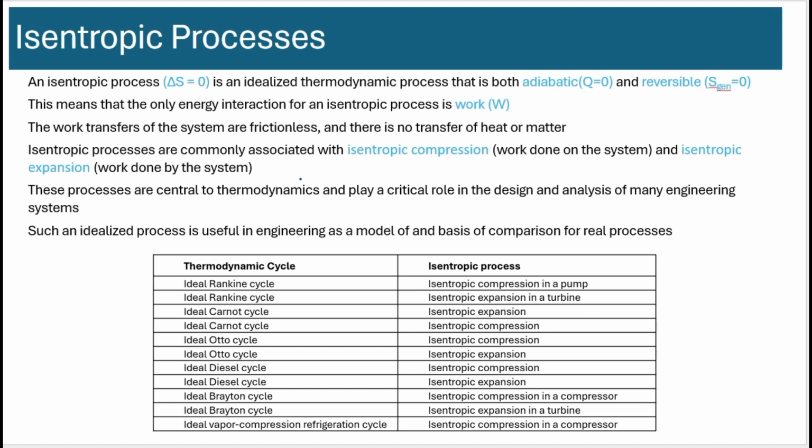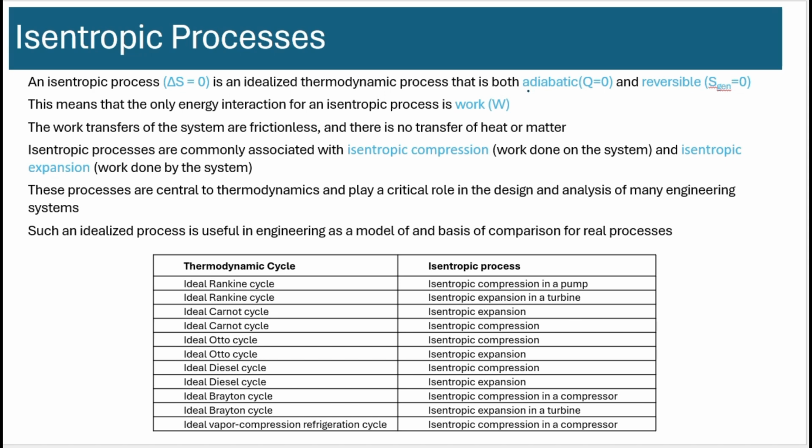Basically, there is no change in entropy, right? Entropy by definition means change in heat over a particular temperature in a process that is reversible. In this case, if it is isentropic, there is no change in heat, there is no heat transfer.